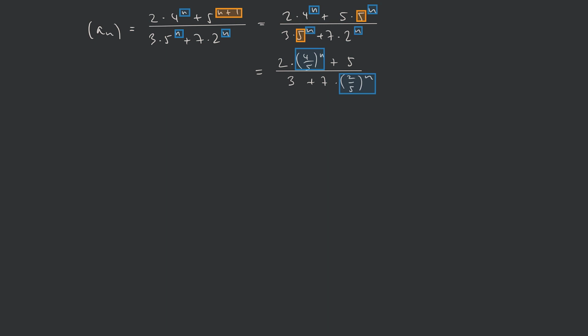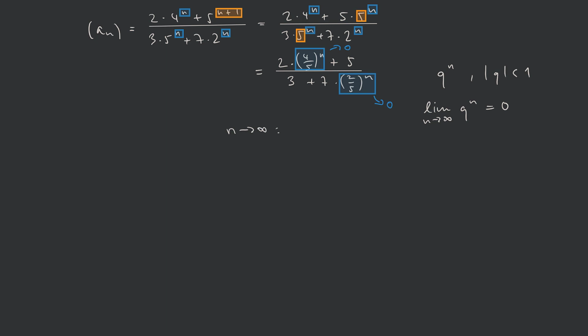However, both of these sequences are of the form q to the power of n with absolute value of q strictly smaller than 1. And we already know that the limit of those sequences are always 0. So there are 0 sequences. That means these two tend to 0. Such that in the limit, so I can't write an equation sign, but I can write something like n to infinity.